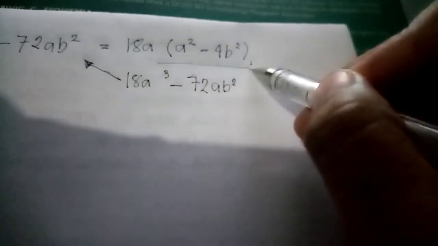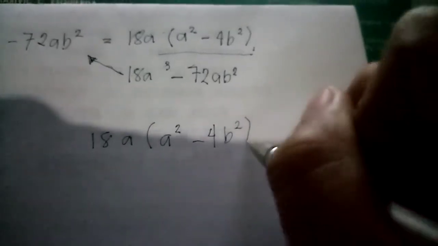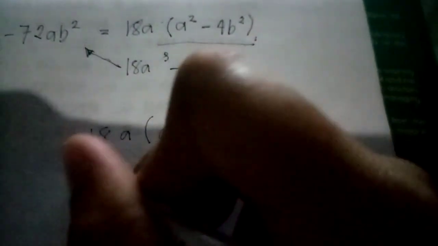And as you can see, this common monomial factor can be factored again. It can be factored. So, this becomes 18a times a squared minus 4b squared. Then, factor it again by 18a.